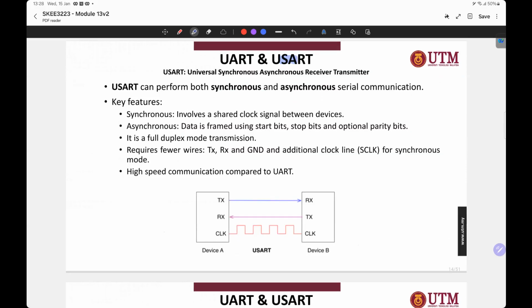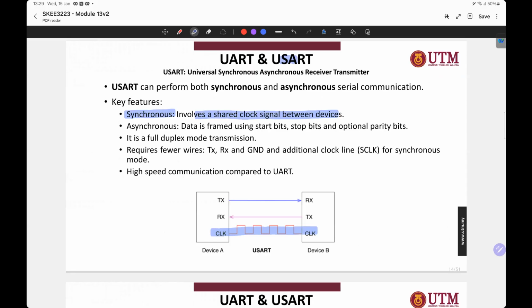The key feature of your USART is that when you do synchronous communication, it involves a shared clock signal between devices. Every time the USART communicates synchronously, it needs a clock signal between device A and device B. That is why you can see here you need a clock input, a clock source, for device A and device B.